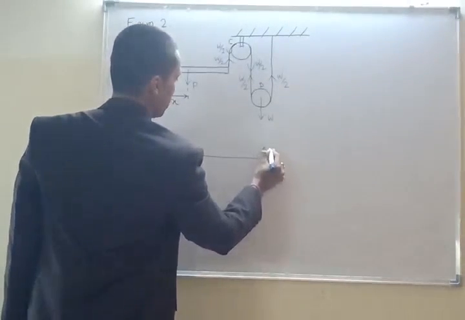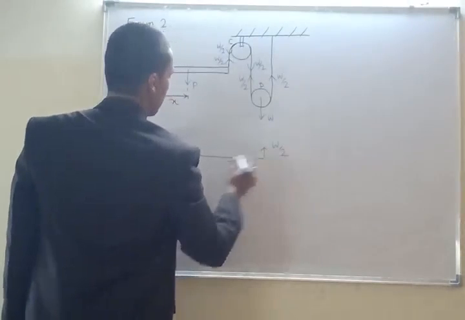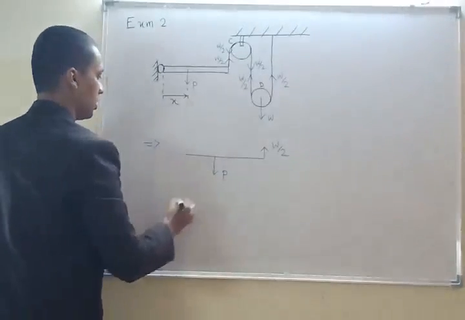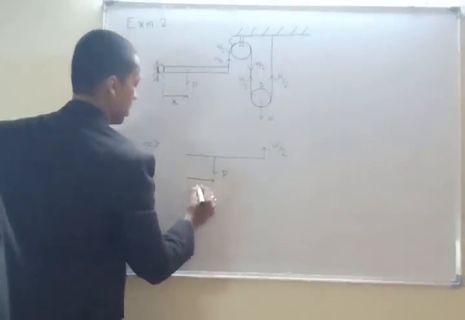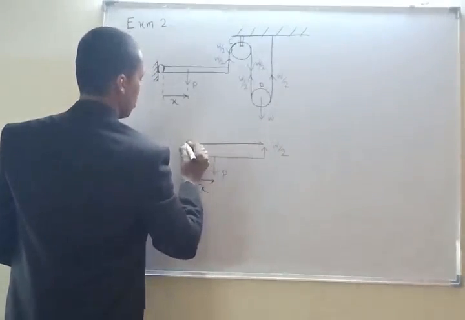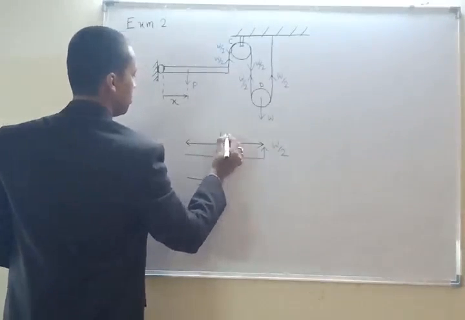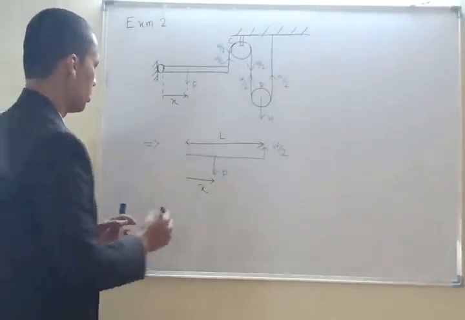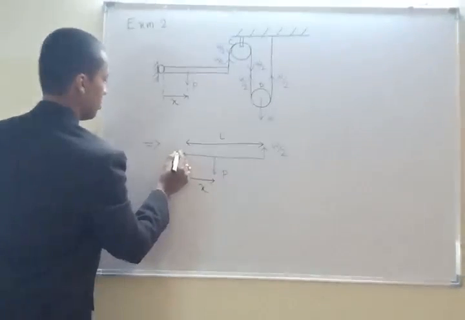Finally we have got this beam like this, one force is acting like this, W by 2, another force is acting like this, P, and P is at a distance of x, and this one is at a distance of L. Okay, so now this is the hinge portion.